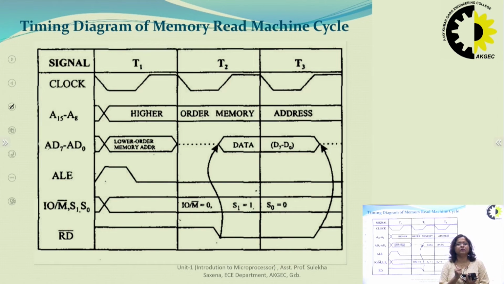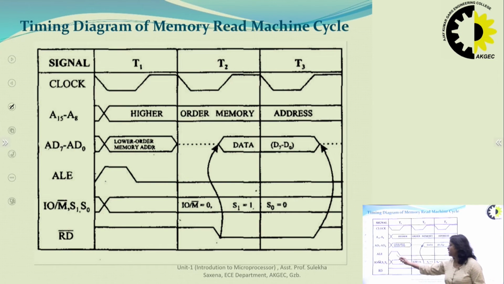First of all, we will see the memory read and then we will see the complete timing diagram. All the signals will remain the same, that is clock, higher order address bus, low order address data multiplexed bus, ALE, IO/M bar, S1, S0 and read bar. Only the 4th state will not be there. So we have drawn 3 clock cycles, and with respect to them, T1 to T3 are required to load the higher order memory address.